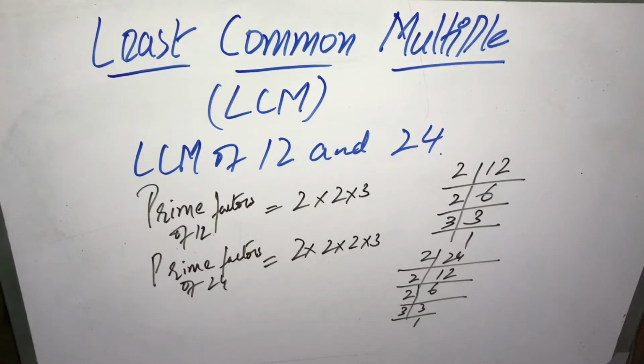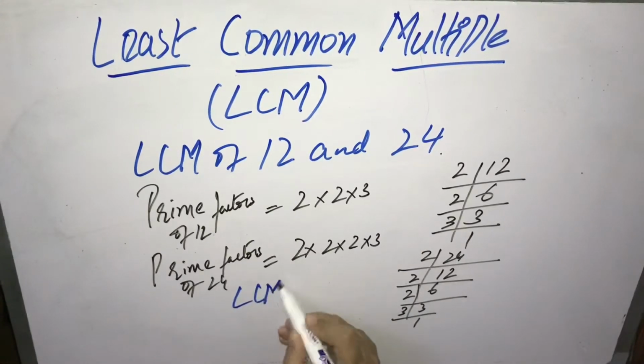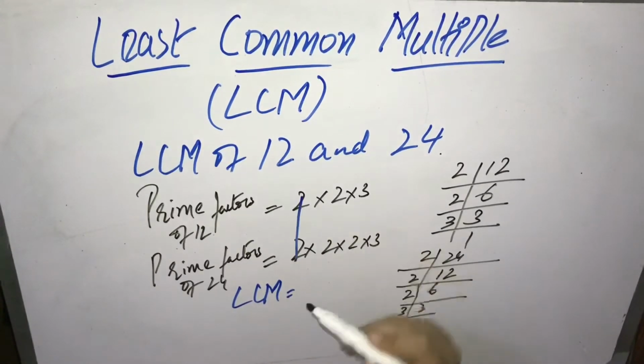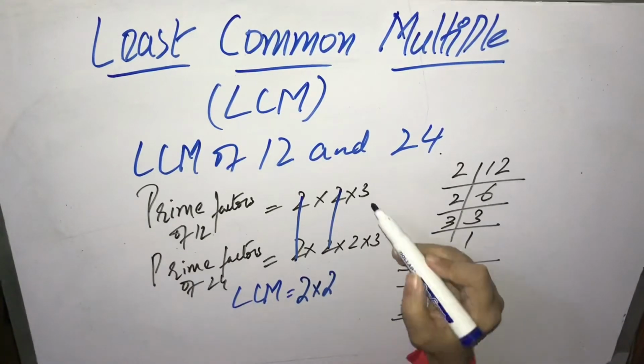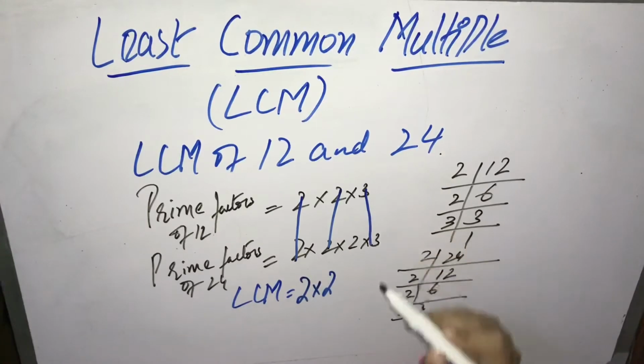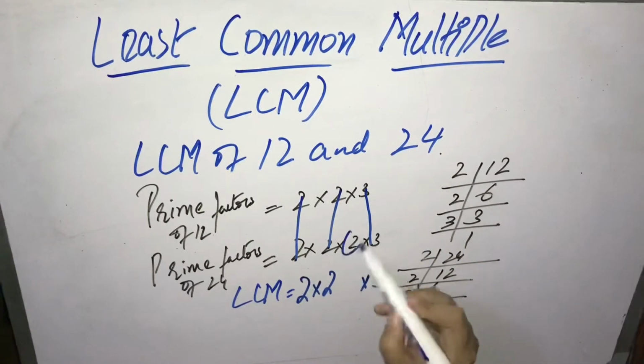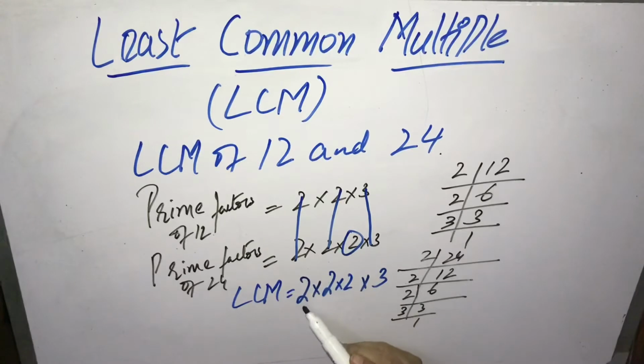To get the LCM of these two, I take 1 2 from here, 1 2 from here, 1 3 from here and another 2 from here, and my answer will be 2 2s are 4, 4 2s are 8, 8 3s are 24. That is the same.